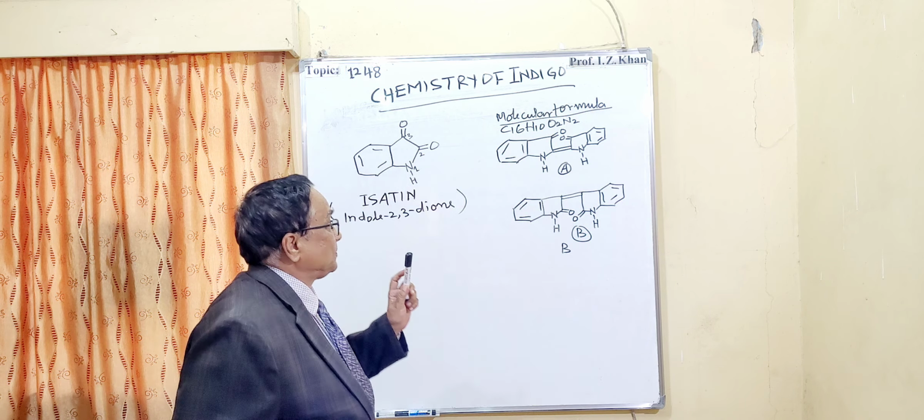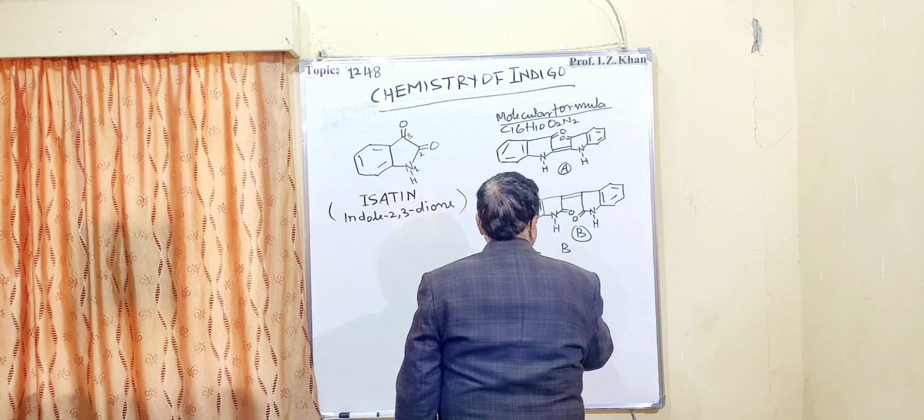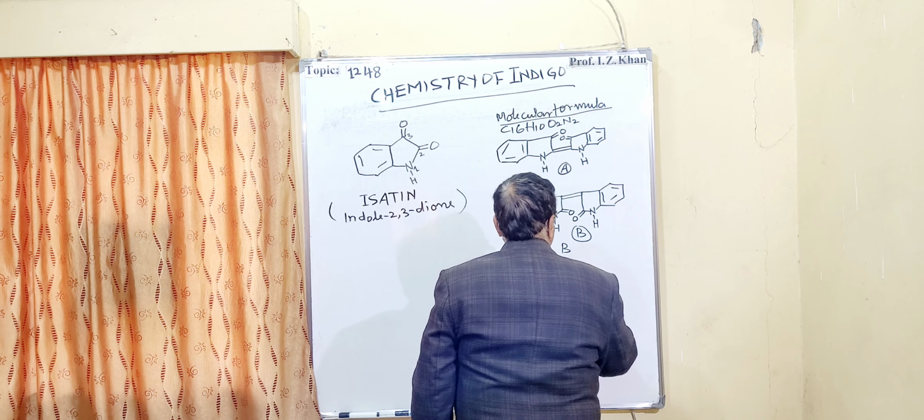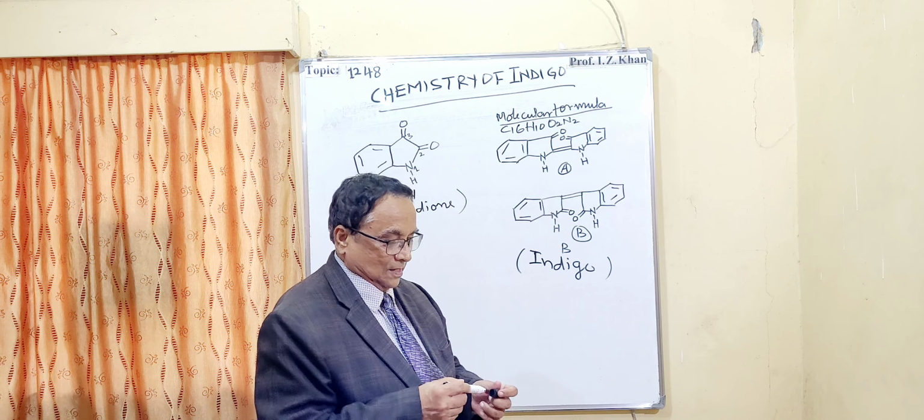So here I have written the molecular formula of indigo. Actually, when I write indigo, it is a mixture of different types of indigotin molecules, but all of them have related structures.